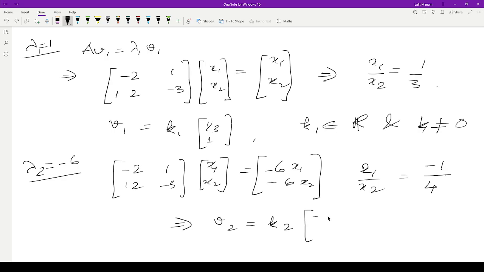Sorry, minus 1 by 4, here again k2 is a real number and it is not equal to 0.